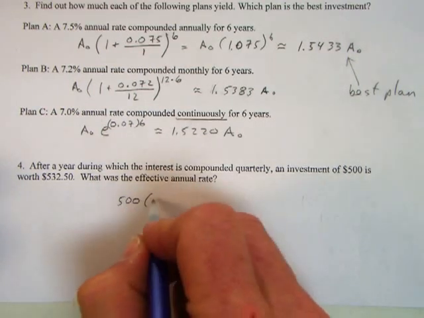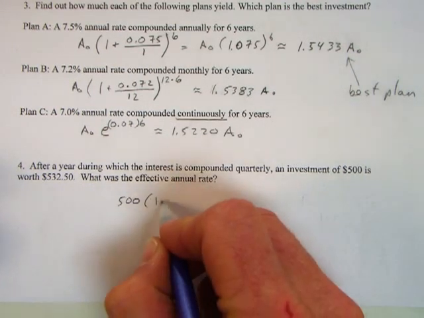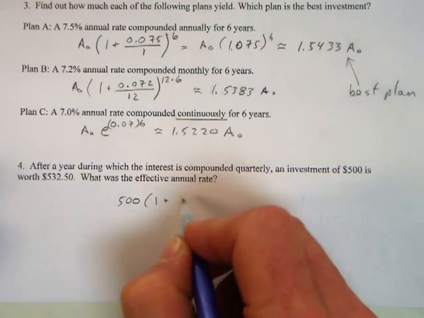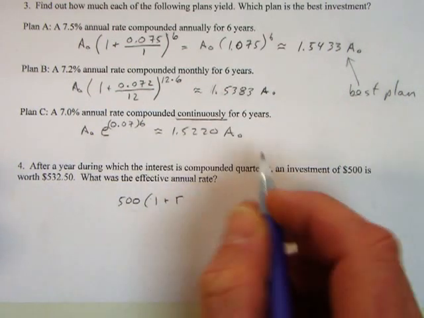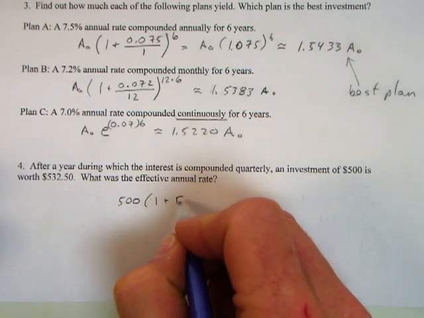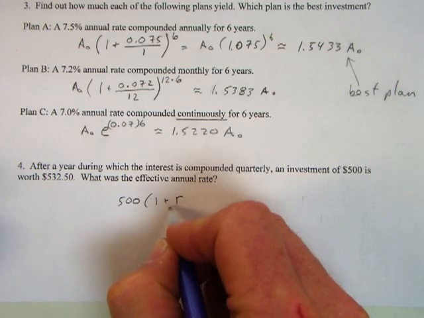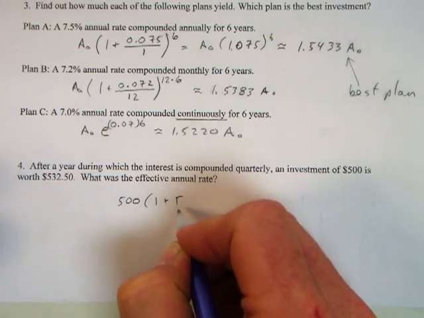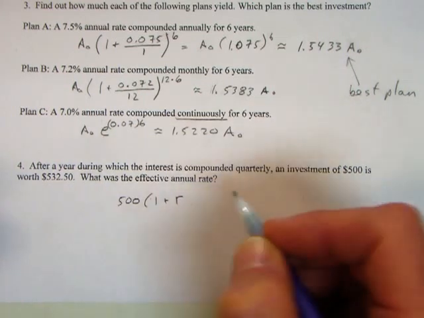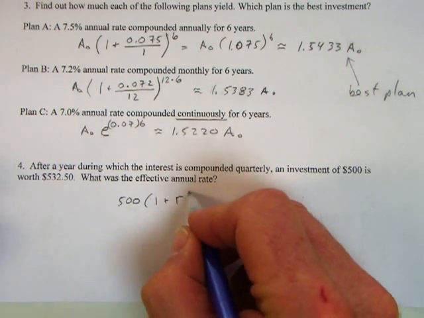So we'd have 500 times 1 is our 100% plus the rate for that we're looking for, and it's an annual rate, so it's only going to be R. Now note, we've done problems where I've done it as 1 plus R, and we've also done it as 1 plus R over 100. It doesn't matter which way you write it, just be consistent in the problem.